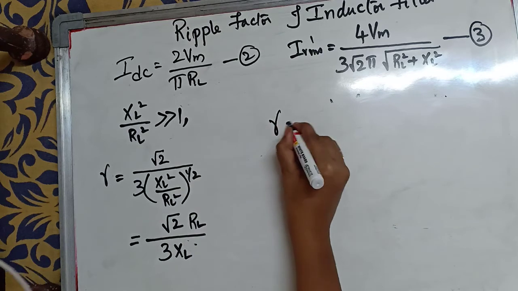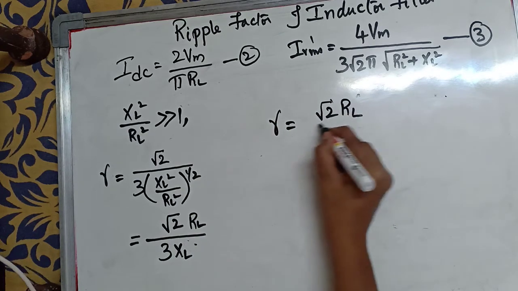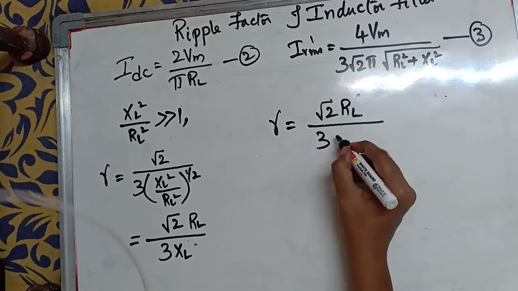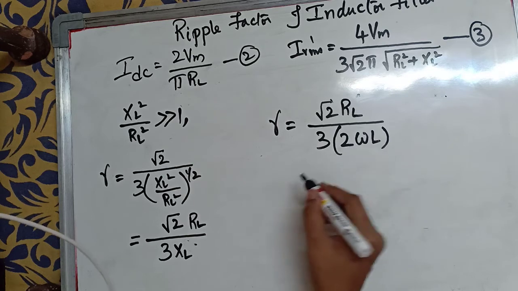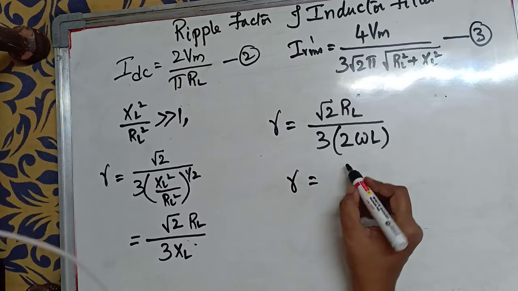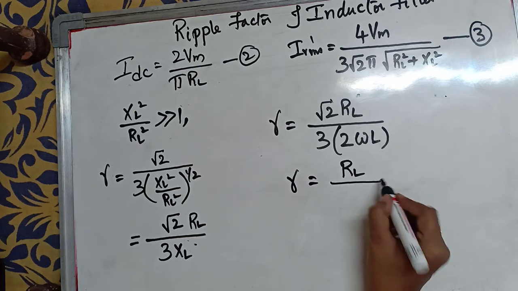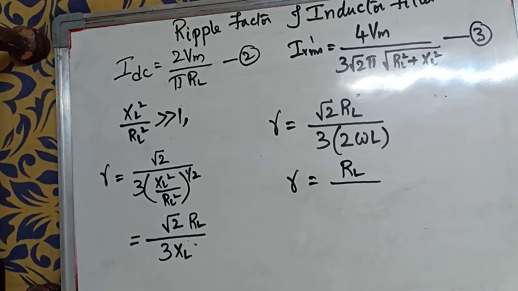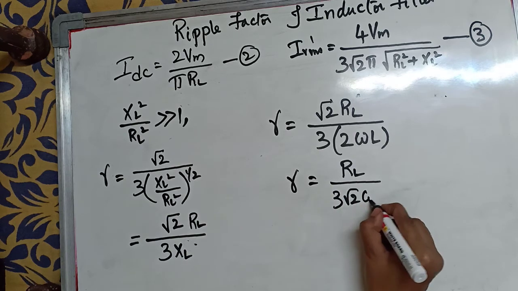We will get ripple factor is equal to root 2 into RL by 3 into XL, which can be written as 2 omega L. Again this 2 will get cancelled, so therefore you will get the ripple factor of inductor filter as RL divided by 3 root 2 omega L.